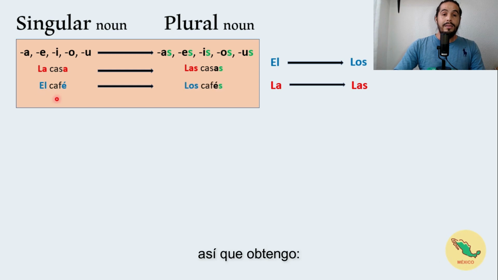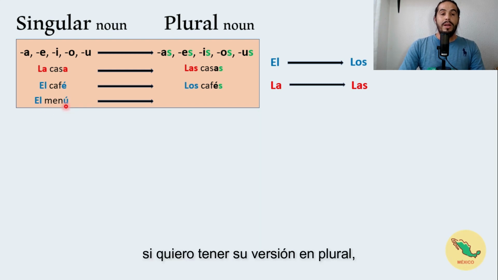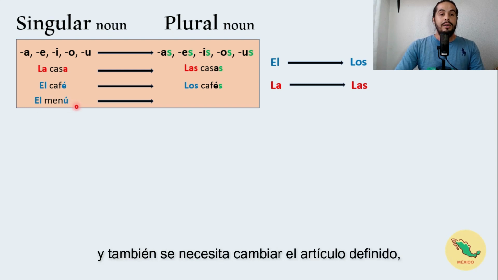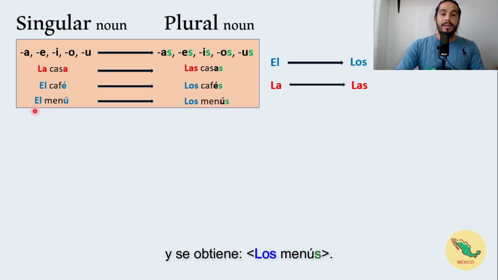So I get los cafés. If I have el menú, if I want to have its plural version, I only need to add the consonant s, and also I need to change the definite article, and I get los menús.